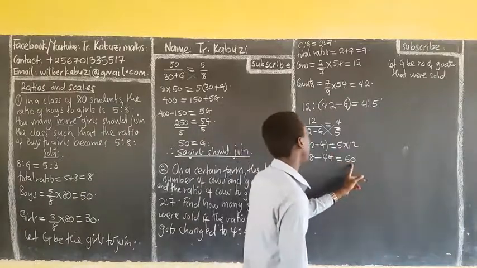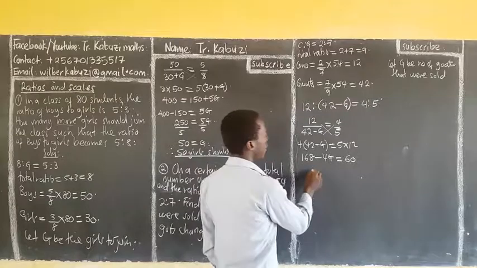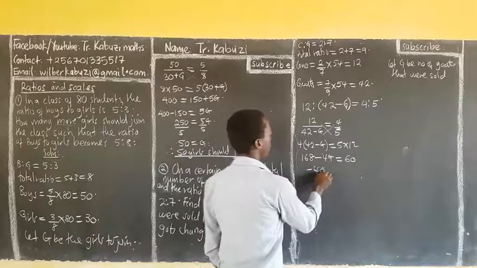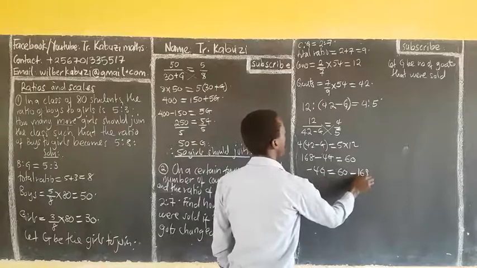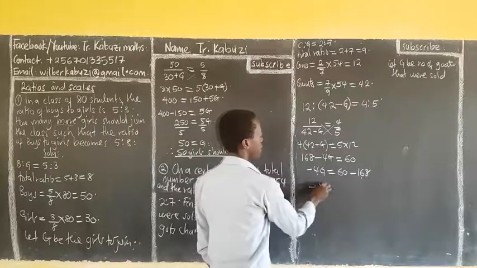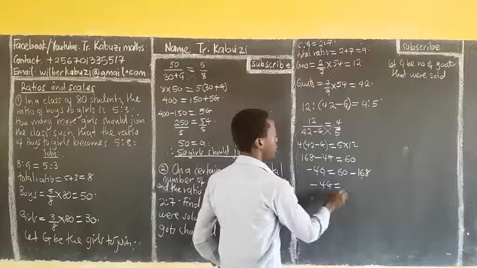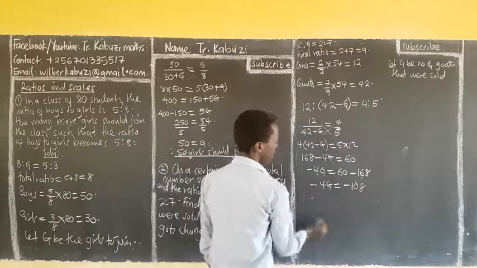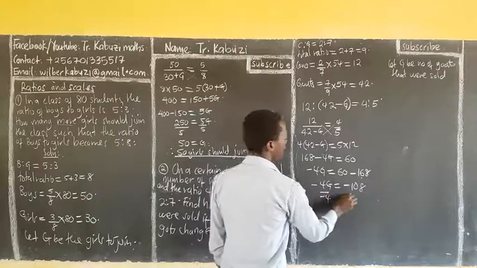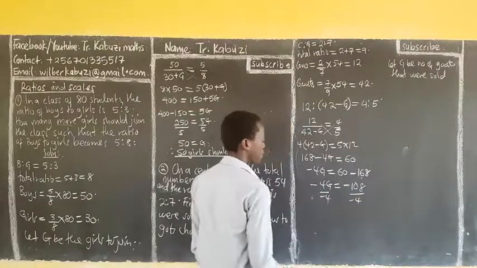Now from there, we collect like terms. I take this side and bring it to that side. So I'll be having minus 4D equaling 60 minus 168. This will give me negative 108, divided by negative 4, divided by negative 4.